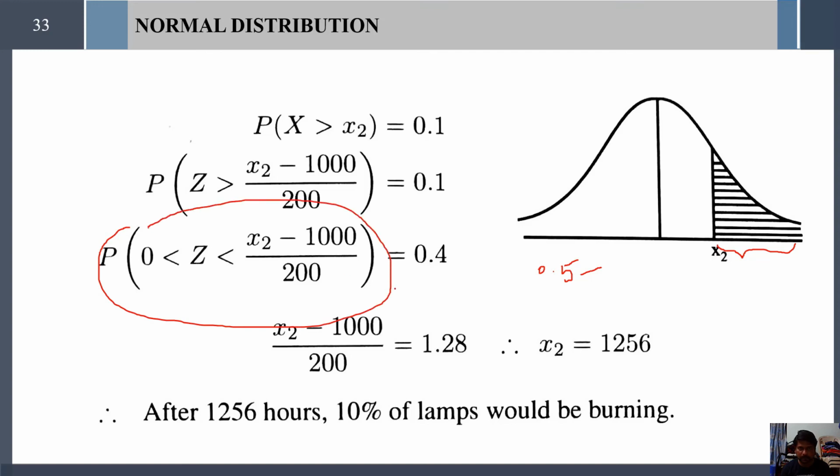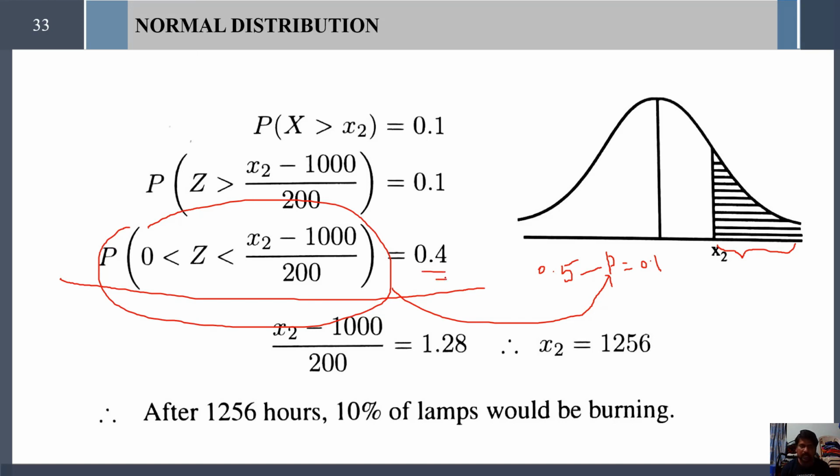This probability term I simply note as P, that is equal to 0.1. So taking this 0.1 to this side and the probability function to the right hand side and rearranging, we get this entire term: probability of 0 less than z less than (x2 minus 1000) divided by 200 equals 0.5 minus 0.1, which is nothing but 0.4.